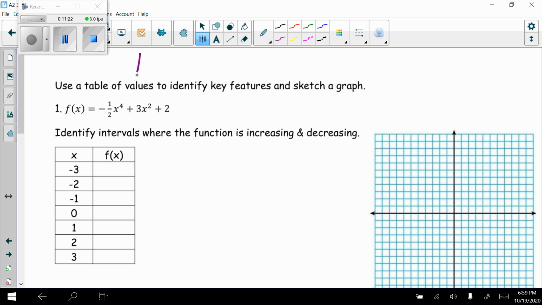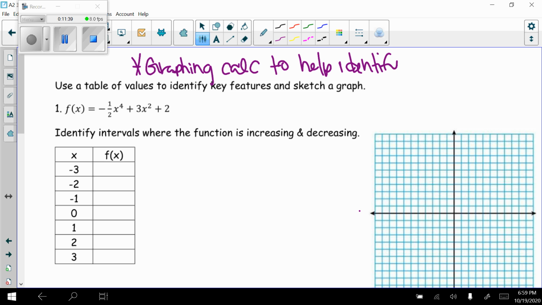We're also going to use a graphing calculator in class to help identify zeros and turning points.